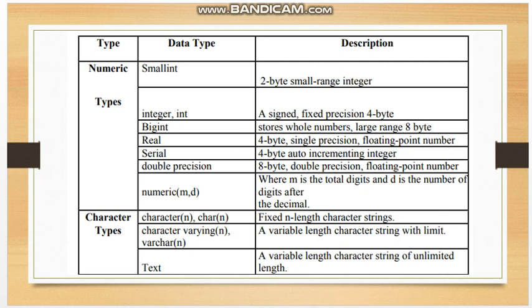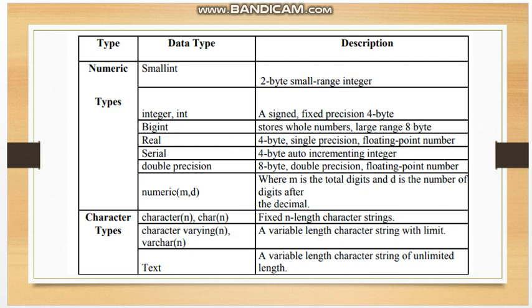Whenever we want auto increment, we can use this data type. Then double precision takes 8 bytes of memory, and it is a floating point number. A floating point number again is a number which has a decimal point. Then we have numeric(m,d), where m is the total number of digits and d is the number of digits after the decimal.